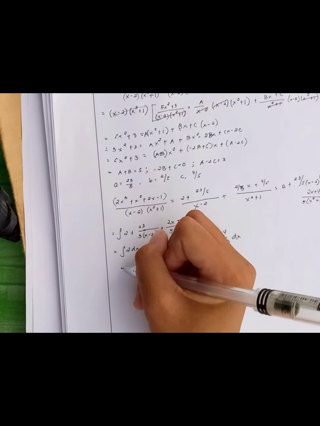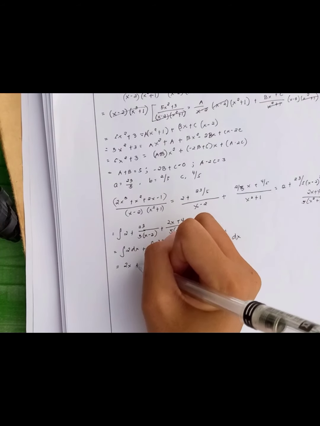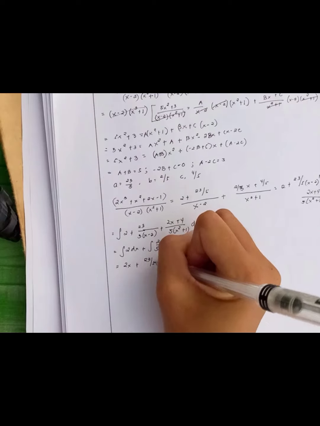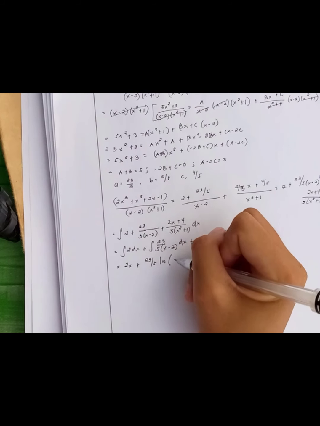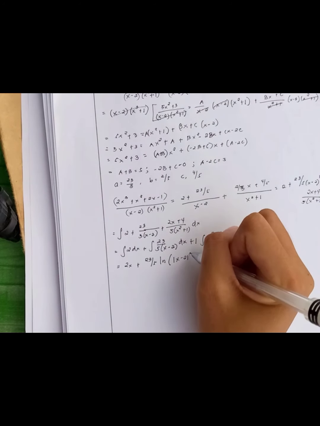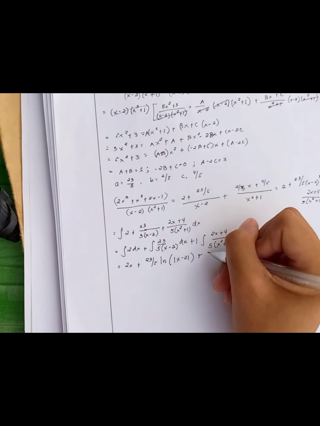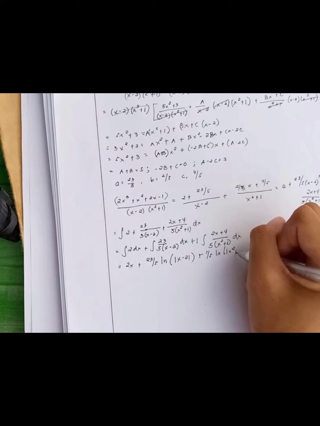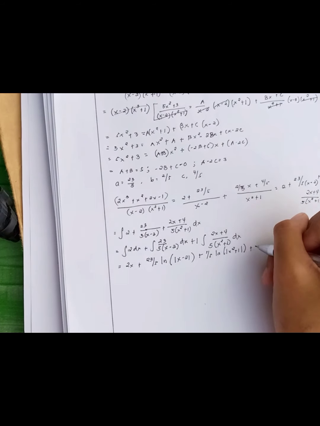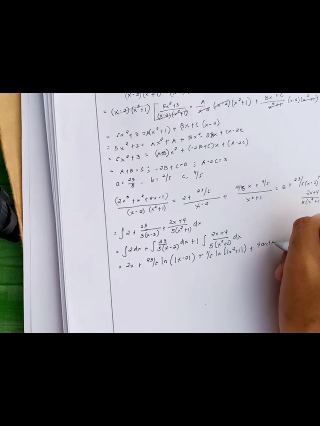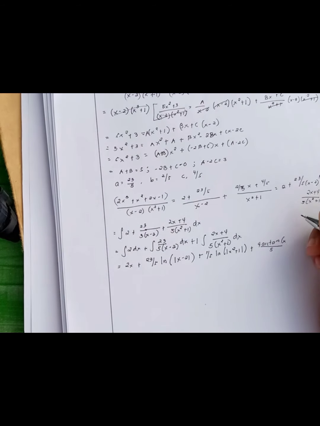The result equals 2x plus 23 over 5 ln x minus 2 plus 1/5 the ln of x squared plus 1 plus 4 over 5 arctan x.